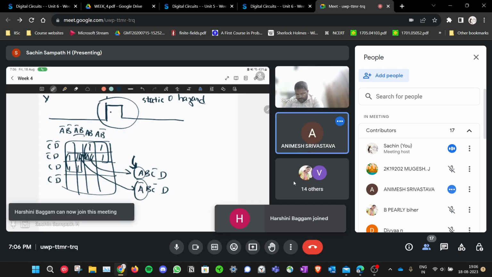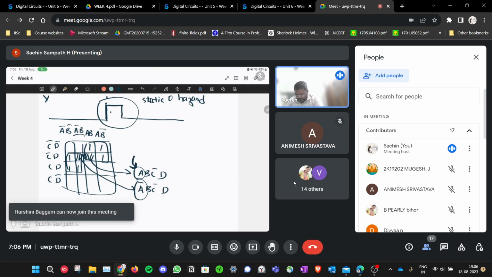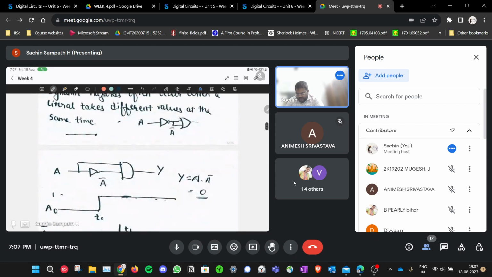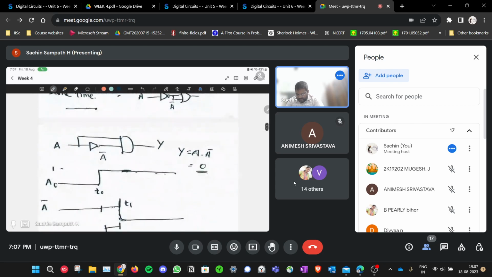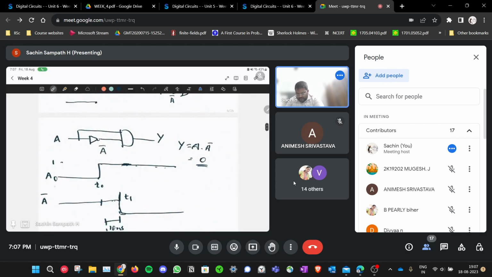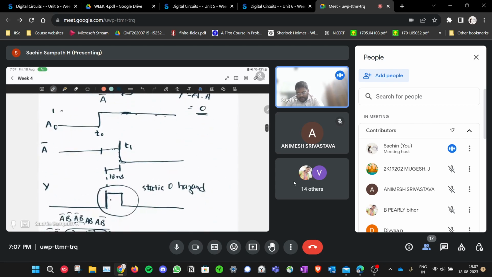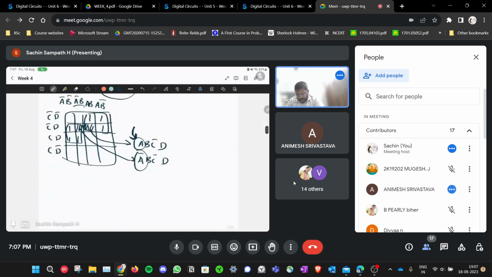Okay, there's only one variable change. So a is changing to a bar. That's all. So b c bar d, whatever it is, it will remain the same, right? And previously I had showed you an example where when a is actually changing to a bar, for some amount of time, a and a bar might both have the same value, right?